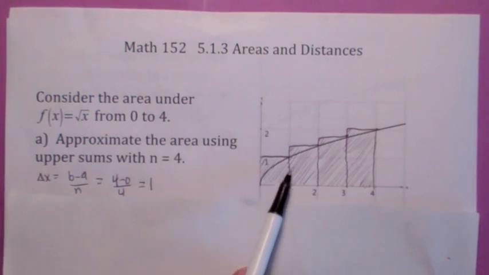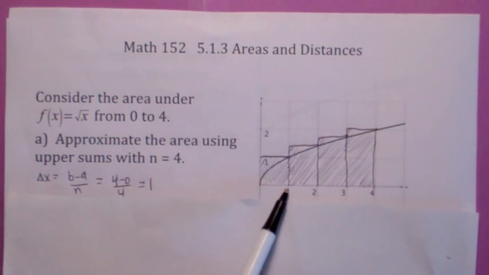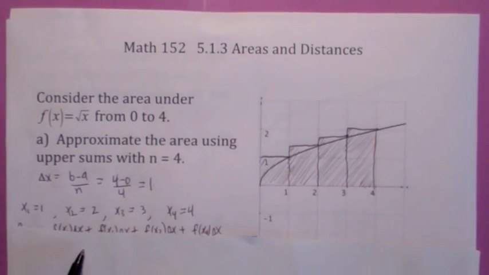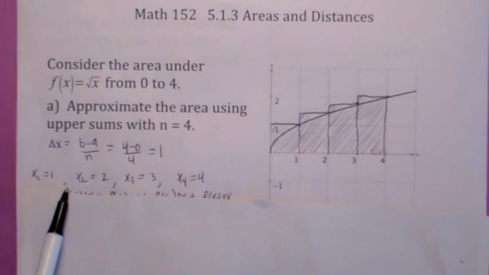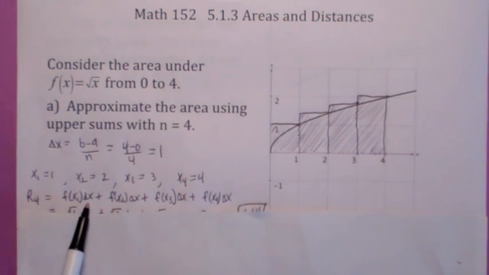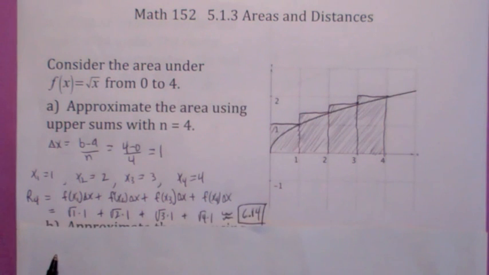Since this function is increasing, to get the upper sums, wouldn't we use the right endpoint in this example? So in that case, x sub 1 would be 1, x sub 2 would be 2, and so on. So R sub 4 would be f of x sub 1 delta x plus f of x sub 2 delta x, and so on.